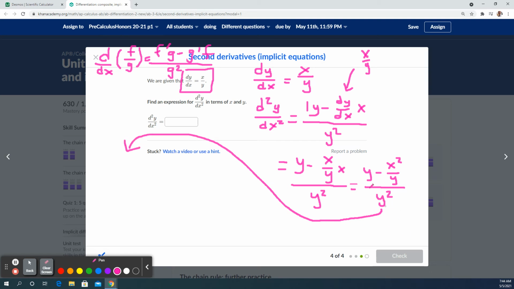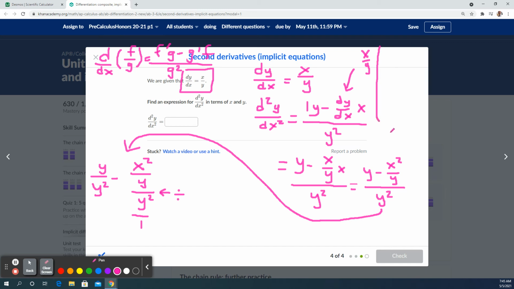Each one of these is divided by y squared. So this is really y over y squared minus x squared over y squared. Now, my technique, and I know a lot of us kind of struggle with that, is I treat the middle fraction bar as a divide sign so that I can figure out how to combine these accurately.